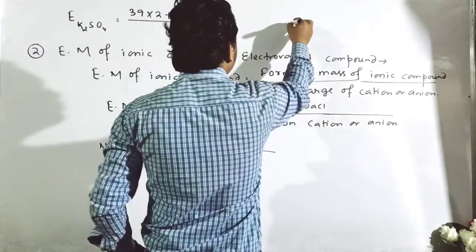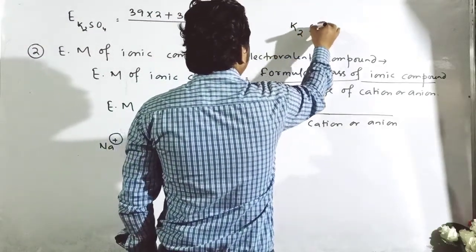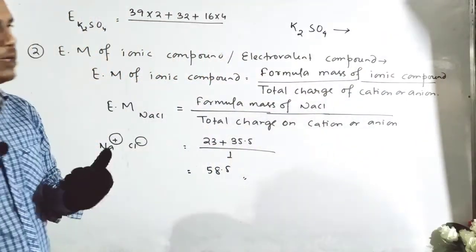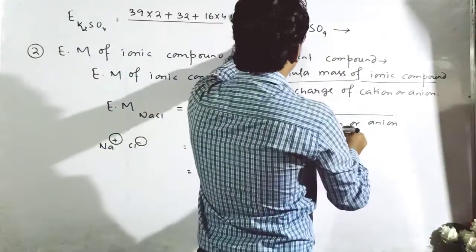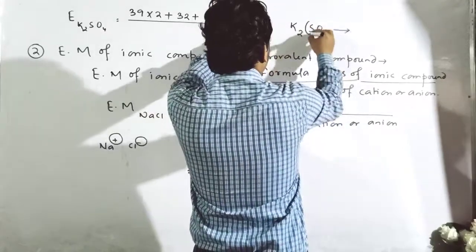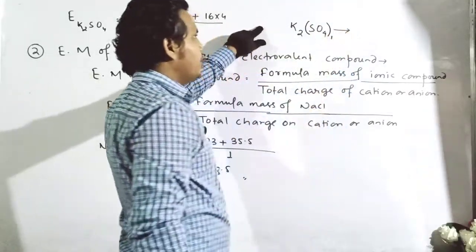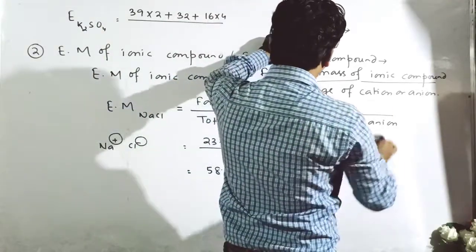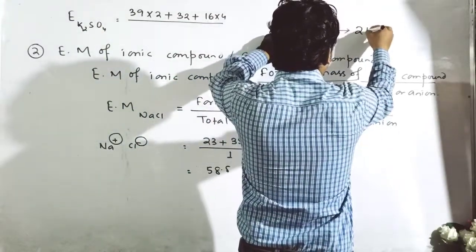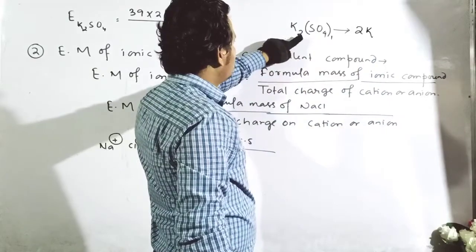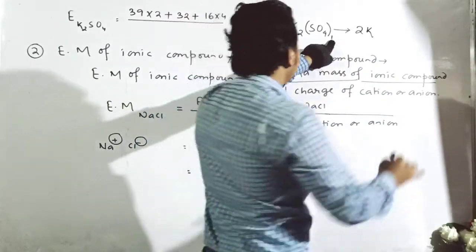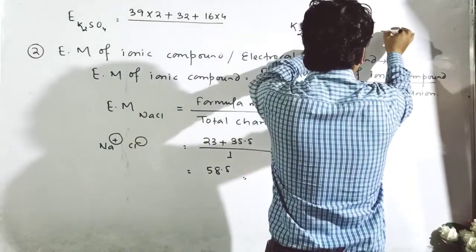K2SO4 is there. If you break this, what will be the charge? K, how many times? 2 times. SO4, how many times? 1 time. How can this be broken? 2 times K, so we write 2 times K, charge plus 1.